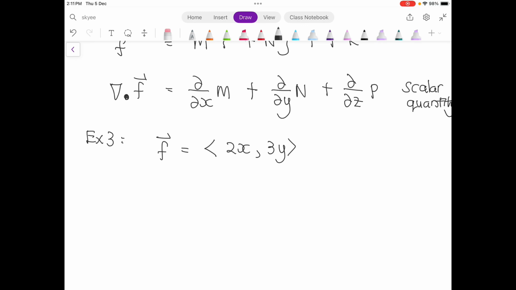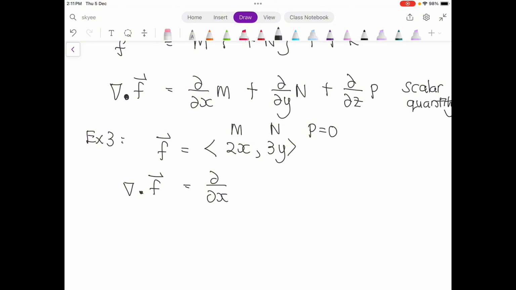So when we have to find the divergence of the vector F, it will be equal to ∂/∂x. Now M will be this term, N will be 3y, and there is no P, so P is equal to 0.